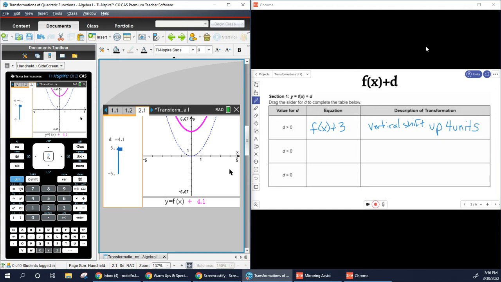Whenever the number is less than 0, like in this scenario right here in the middle, we're now subtracting. So if we do f of x minus 3, it means we're also going to do a vertical shift.